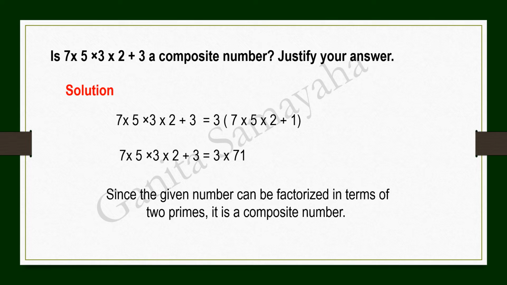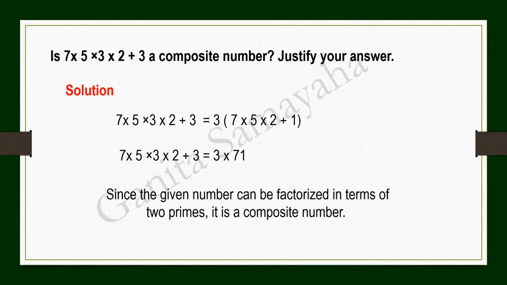Okay, children, very simple. If such problems are given, just take it and simplify it. You will be given some number, something that will be the common factor for both. Okay, so just take it, simplify it, and then from the result you will be able to express this as the product of two or more primes. If so, then it must be a composite number. Just that is how you justify it.